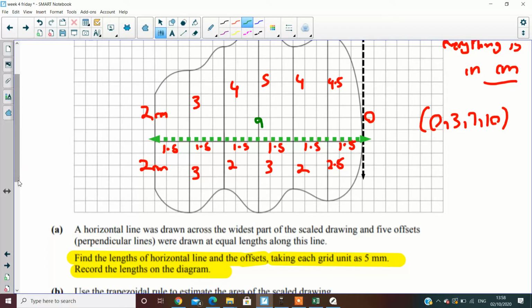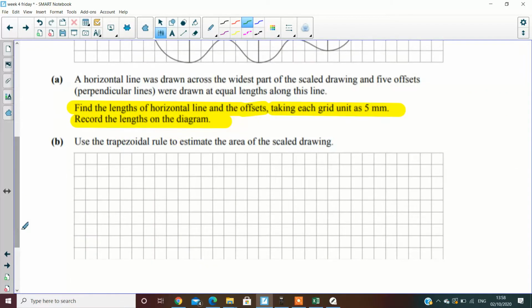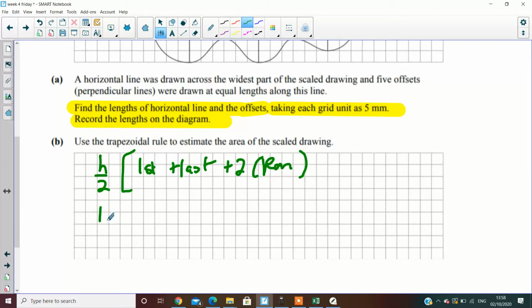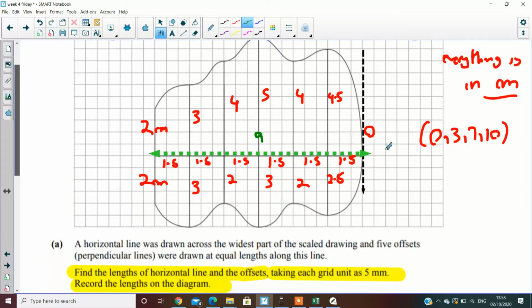Okay, next thing. Use the trapezoidal rule to estimate the area of the scale drawn. We do h over 2, first plus last, 2 times remainder, okay? Now, what we're going to do here is 1.5 divided by 2. Your first is 4, but your last is 0, not 7.5 or 7.